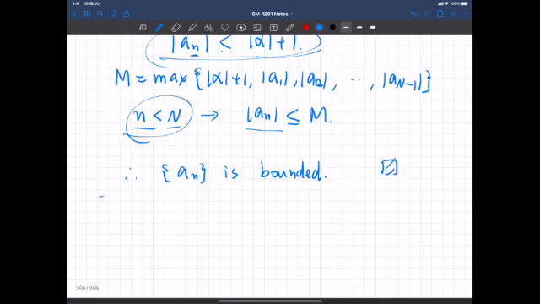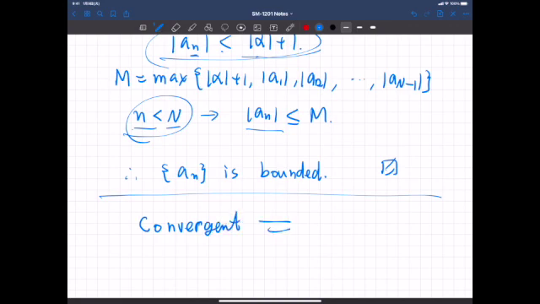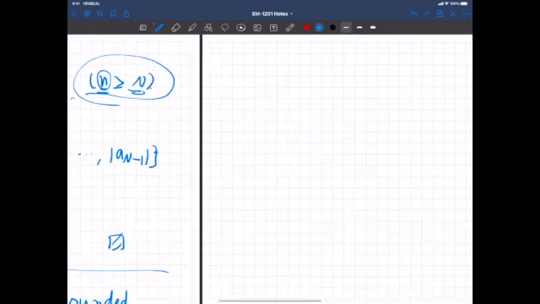Okay, however, you should be careful that the converse is not true. So we said if a sequence is convergent, then it is bounded. But not vice versa, okay? The converse doesn't hold. Why?